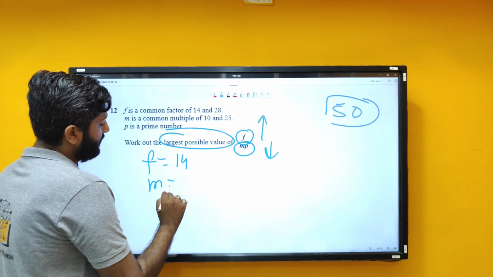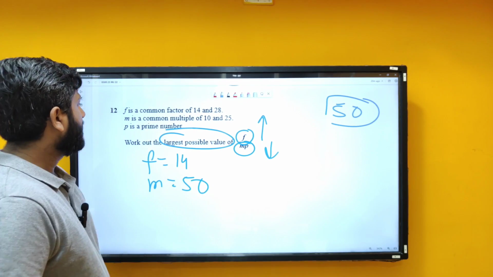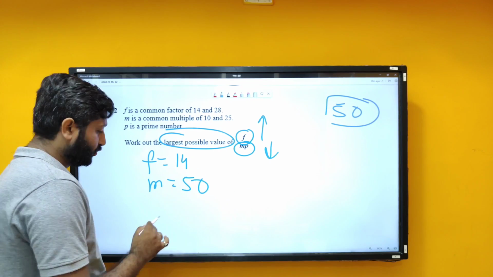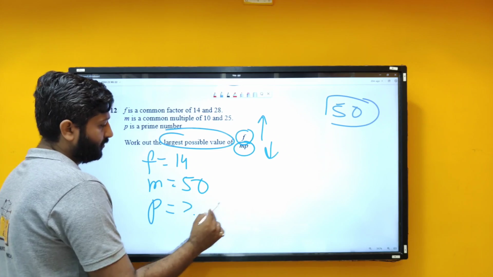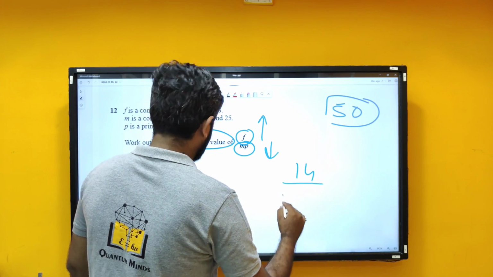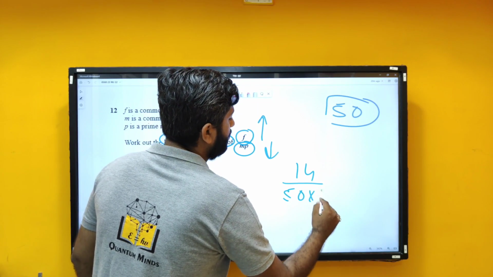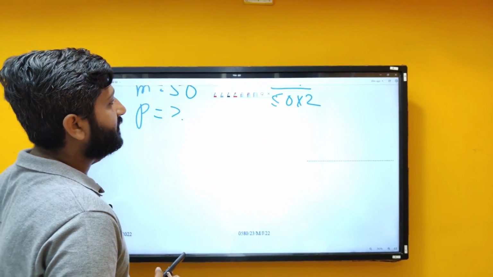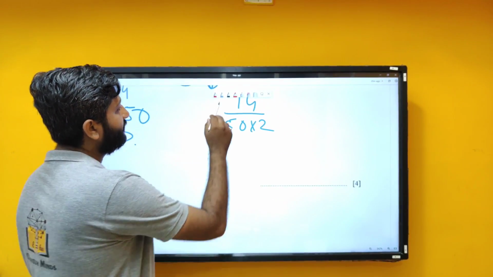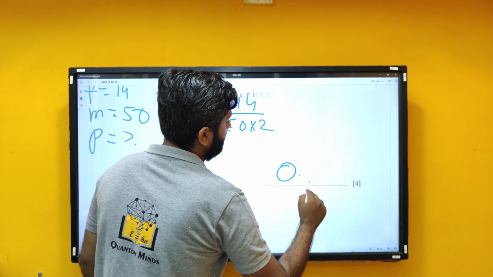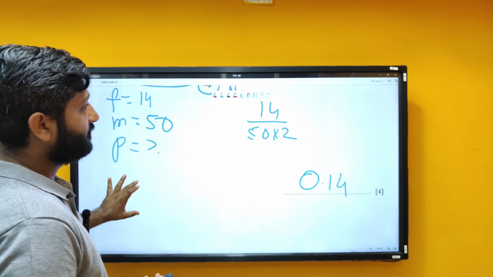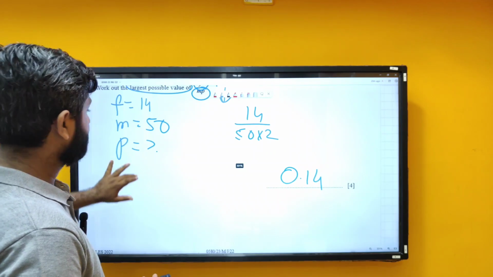So we'll take M as 50. P is a prime number, and the smallest possible prime number is 2. So P is 2. So 14 upon 50 into 2, which is 14 upon 100, which is 0.14. So the answer is 0.14, right? Let us move to the next question.